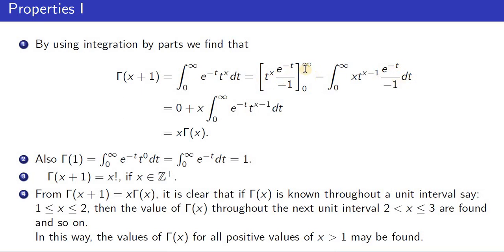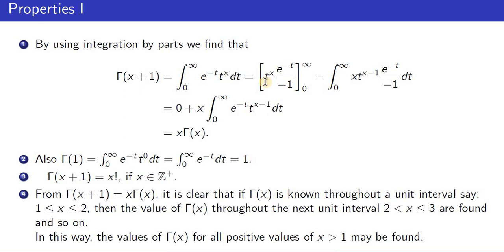Now if you put the upper limit infinity, even though t power x becomes infinity, it is dominated by e power minus t, which becomes 0 as t tends to infinity. So the upper limit gives 0, and when you put t equal to 0, e raised to minus 0 is 1, whereas t power x is 0.